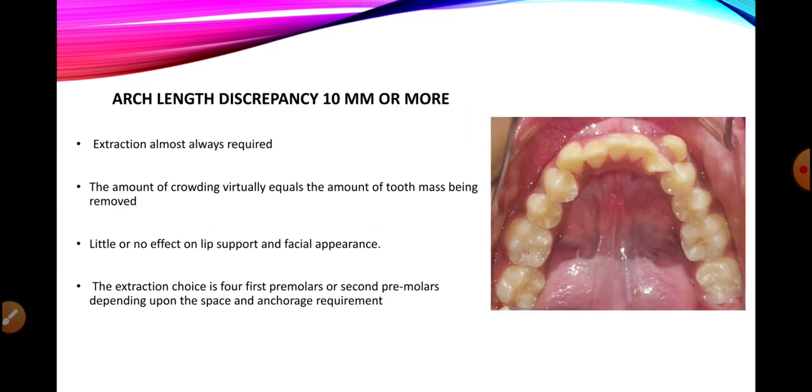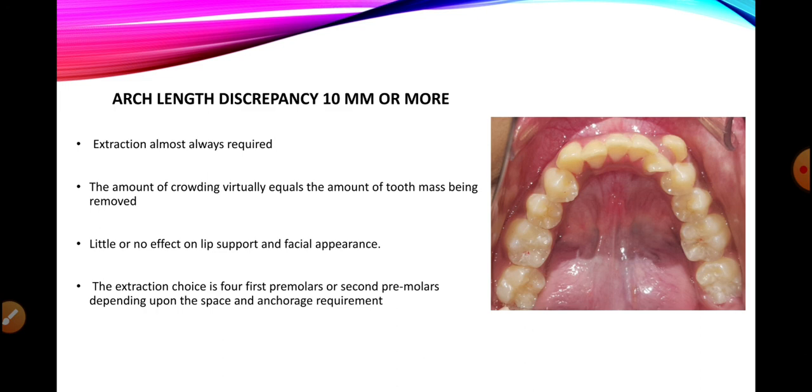But in cases of severe crowding, usually the amount of tooth mass that is being removed roughly equals the crowding, so there is no marked change that is seen in the profile of the patient. And what are the teeth that are usually preferred for extraction in cases of class 1 malocclusion?